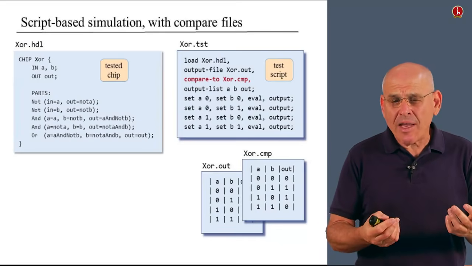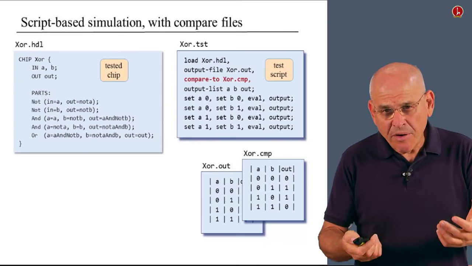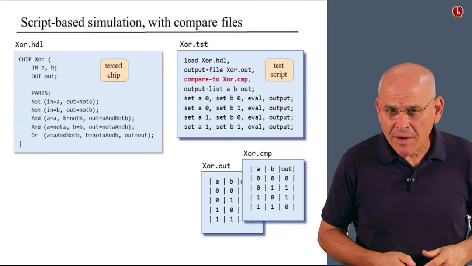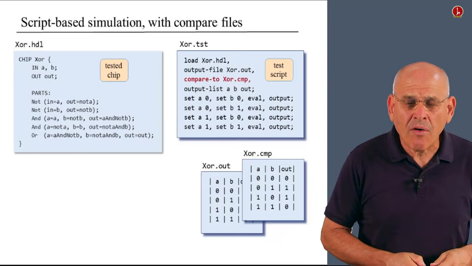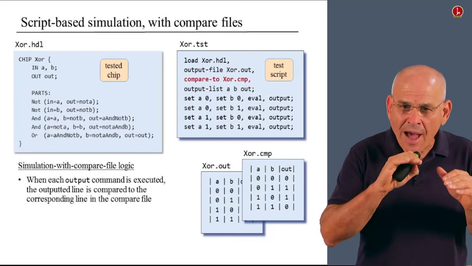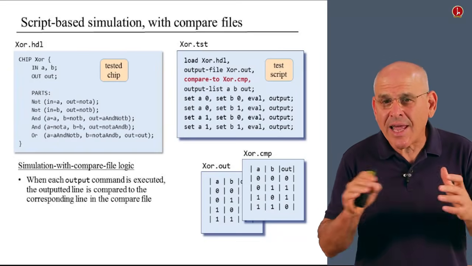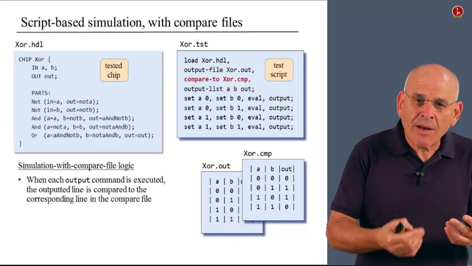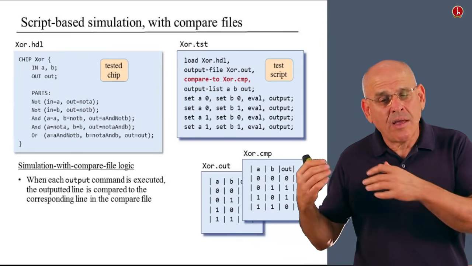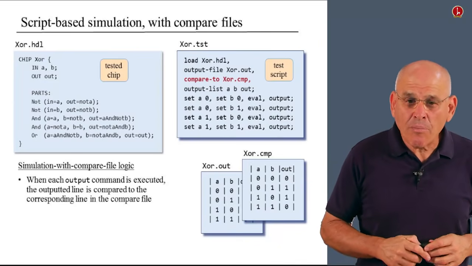So basically, we can take the compare file and load it into the simulator and then start to do the simulation as we did before. And now in each step of the simulation, whenever we output a set of selected pin values, the simulator will compare the output set of values to the respective line in the compare file.